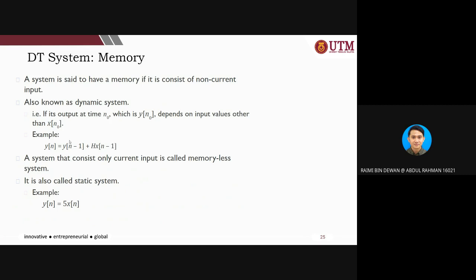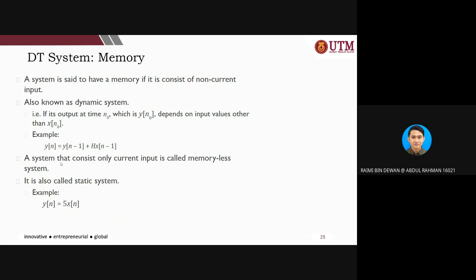If it's memoryless, it should not have time advance or time delay. So you see here, you have n minus 1 and n minus 1, so they do not belong to the current input. This means the system has memory, also known as dynamic.